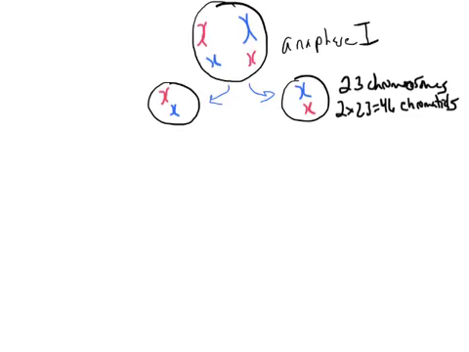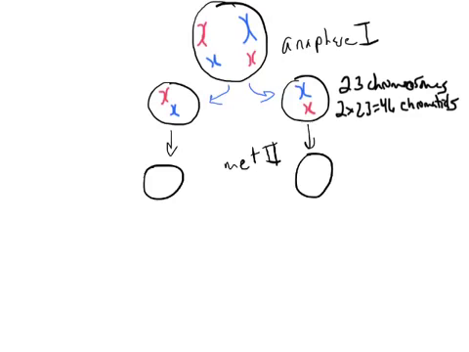Meiosis 2 really proceeds very similarly to mitosis, with one exception, and that's the difference in the number of chromosomes. So here, we're looking at the daughter cells from meiosis 1, and now let's see what happens to them in meiosis 2. So in metaphase 2, you have the chromosomes lining up in the middle of the cell, just like they do in mitosis.